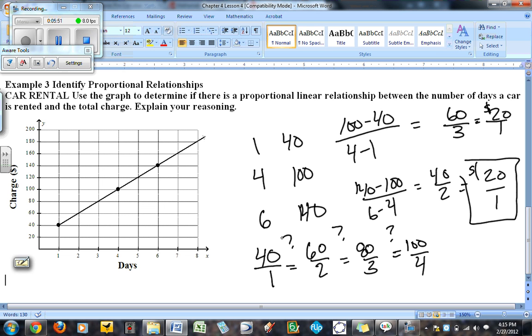Does this fraction equal this fraction? That's what proportional means: whether ratios equal each other, that's a proportion. So 40 over 1 is reduced. Let's reduce this one: it would be 30 over 1. We already know that that's not the case. That is not true, so this is not proportional. However, it is linear. It increases at the same rate, but it is not proportional. Hope this helps. We'll see you in class.